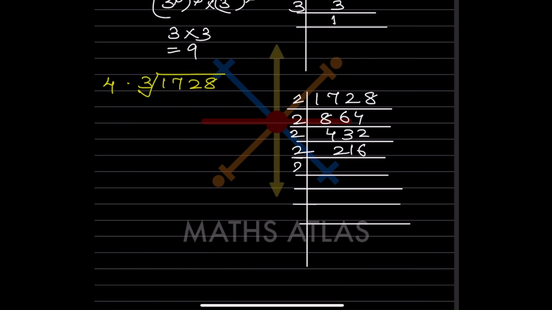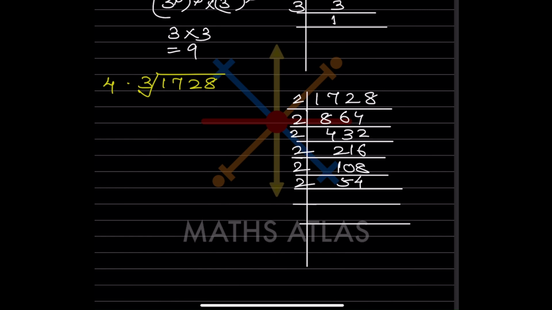This again goes with 2. This should be with 3, sorry. Let me write it again here. This one, this is by 54.